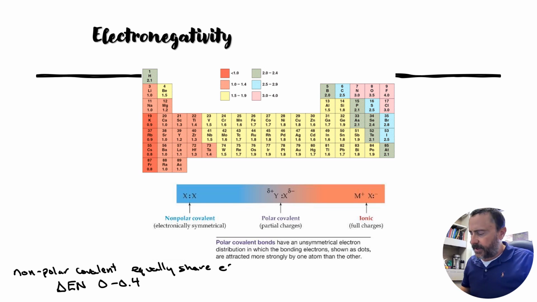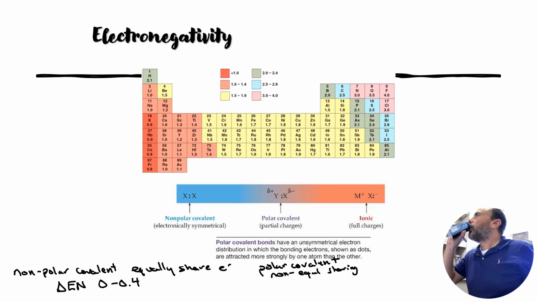So what you're going to do on here is you would look. We're going to do this on the next slide, but let's do the polar covalent, which is a non-equal sharing, which is where we have an electronegativity difference.